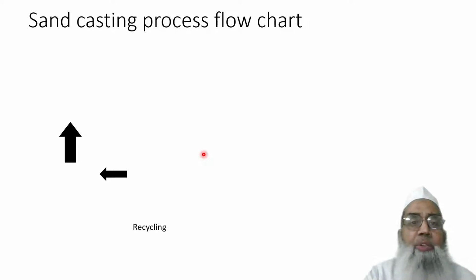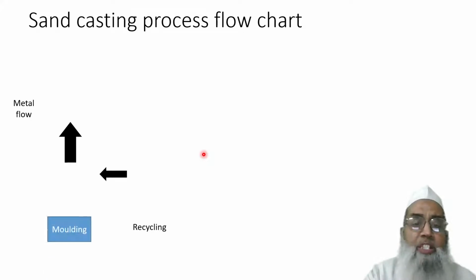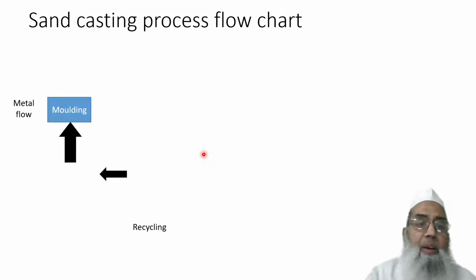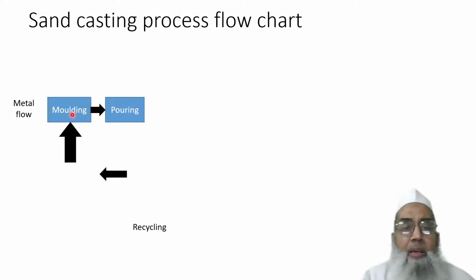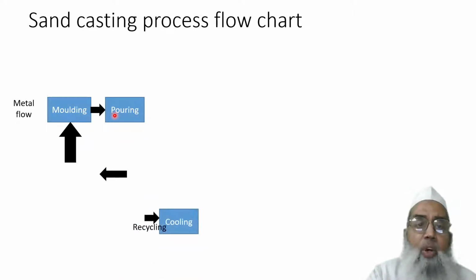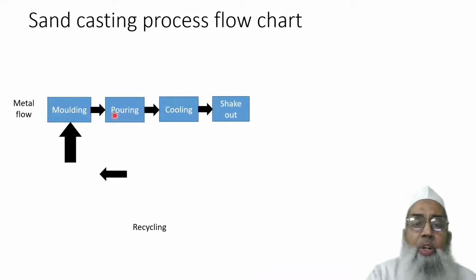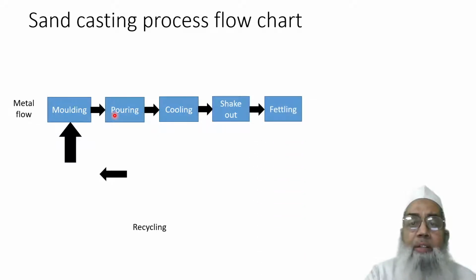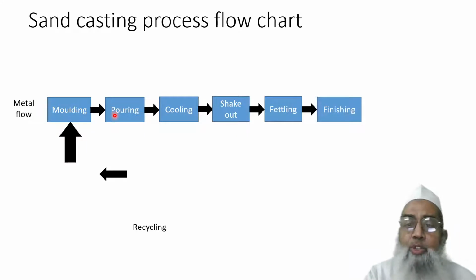And if we look into how the sand recycles, this flow chart shows how the sand and the metal flow takes place. Now the sand from sand molding is being done. After molding, pouring is done in the mold, and it is allowed to cool. Then the product is shaken out, and it is cleaned, and the unnecessary part is chopped off.